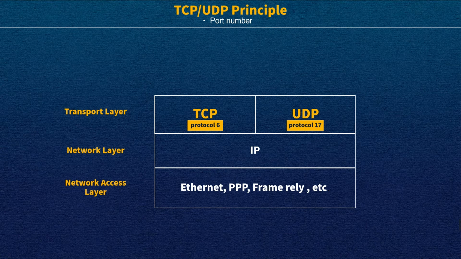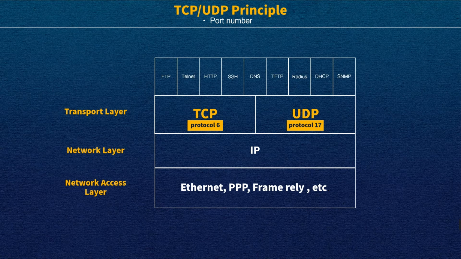In IP, we use a protocol number to distinguish different transport layer protocols. For example, we use protocol 6 to indicate TCP and protocol 17 to indicate UDP. Above the transport layer is the application layer. How do we distinguish different applications? We will use a port number.